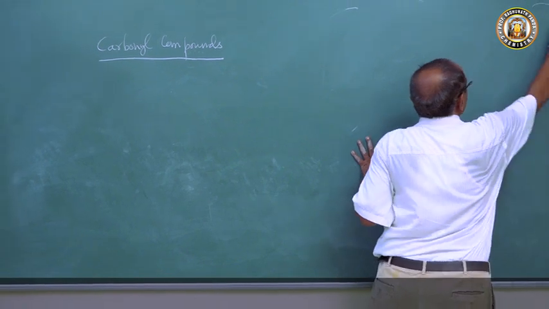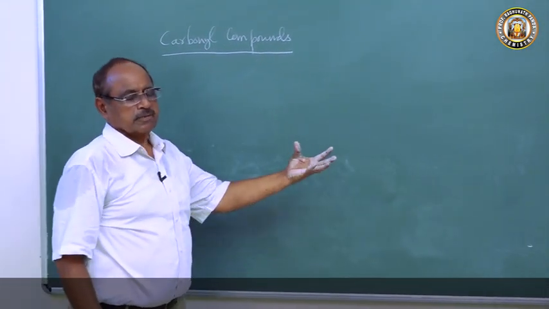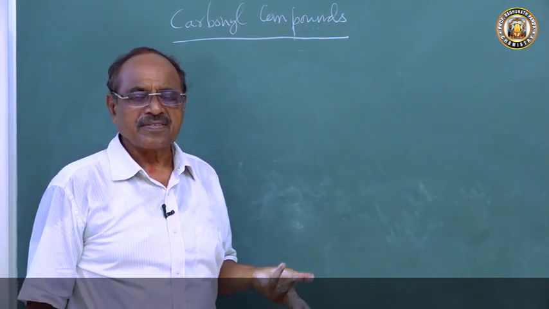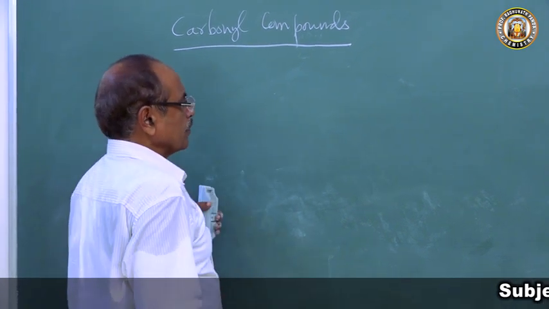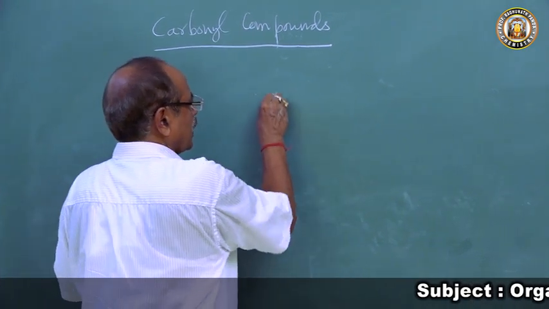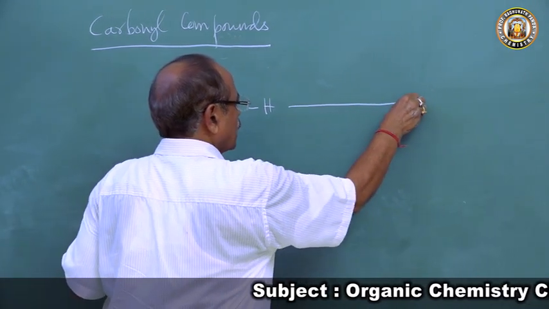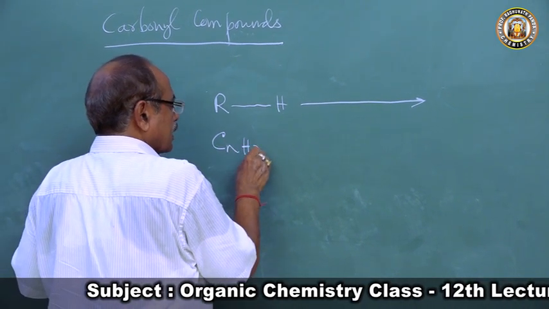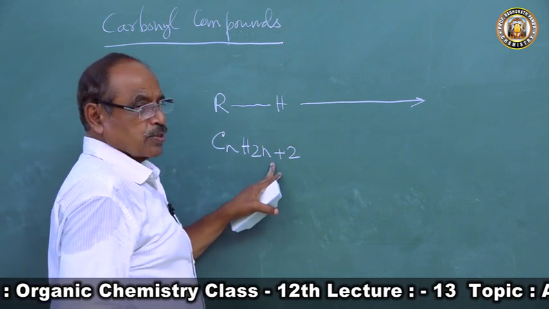Now we'll come to organic compounds. What is the theme of organic compounds? All organic compounds are derivatives of hydrocarbons. If you take RH, an alkane, it has the general molecular formula CnH2n+2.